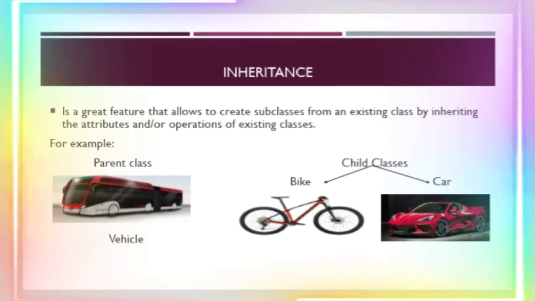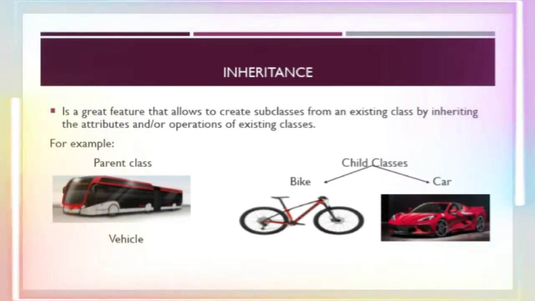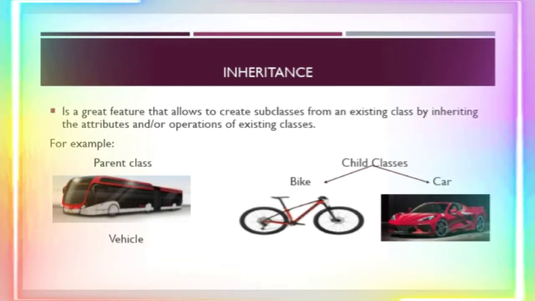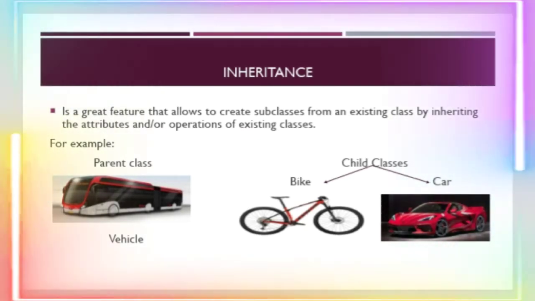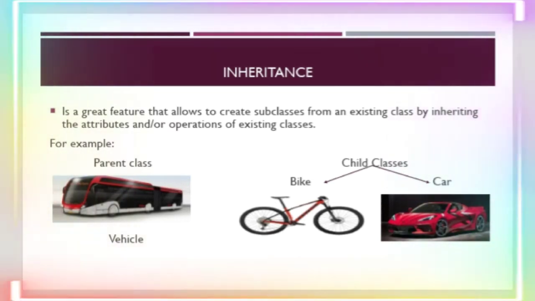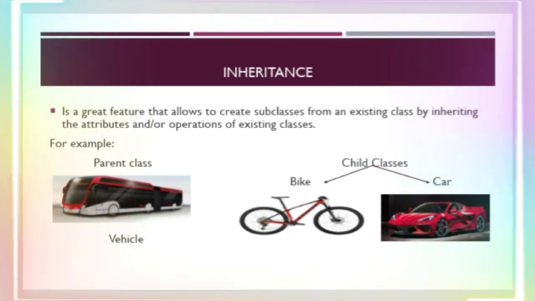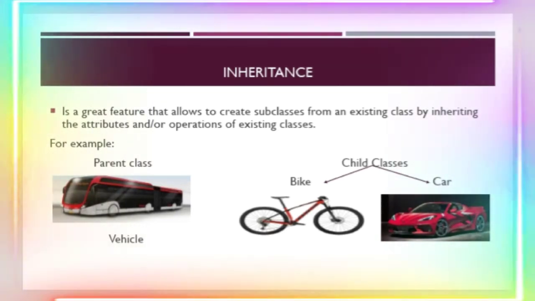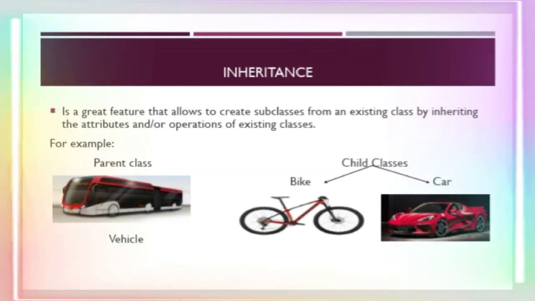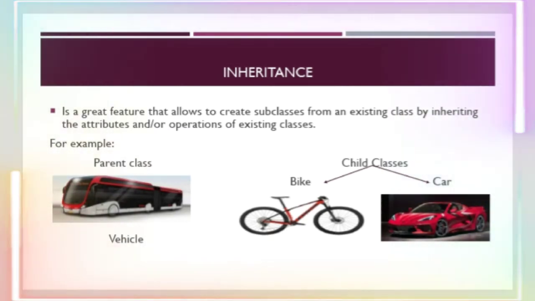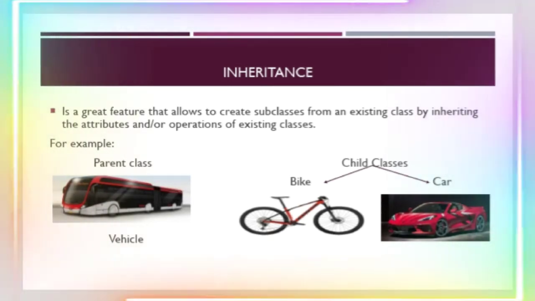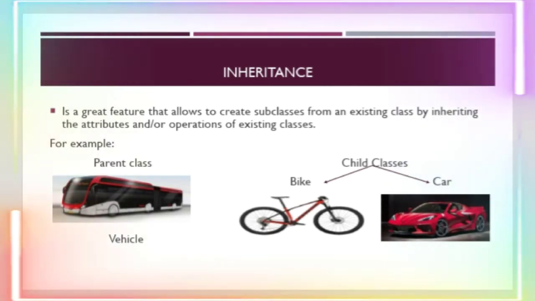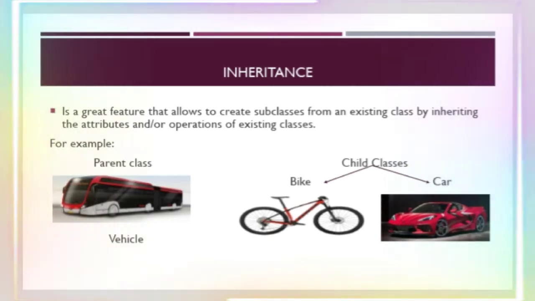Inheritance. It is a great feature that allows us to create subclasses from an existing class by inheriting the attributes and/or operations of the existing class. In inheritance, we create a new class called the child class, which is derived from the class called the parent class, thus forming a hierarchy of classes. The child class reuses the data fields and methods that are required from the parent class and implements its unique functionality on its own.